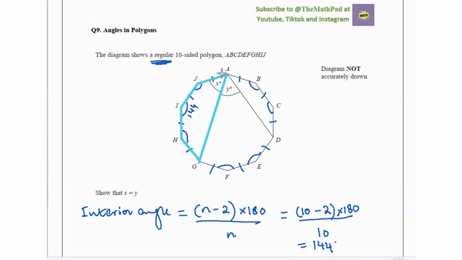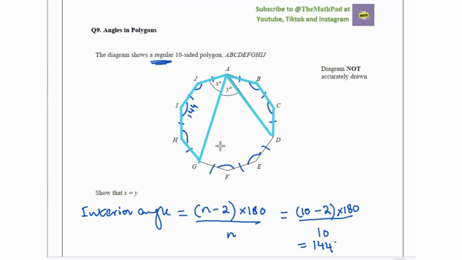And since JA and HG are the same, which means these 2 angles are also going to be the same. Similarly, if I highlight this shape, the same case applies over here. These 2 angles over here, they're going to be the same. And these 2, B and C, are also going to be the same, which is 144.